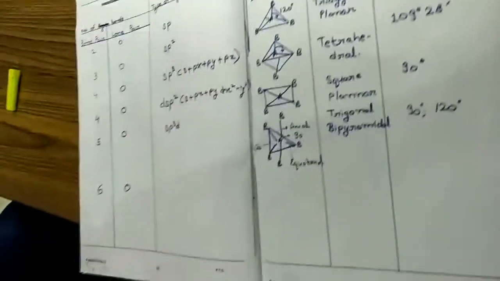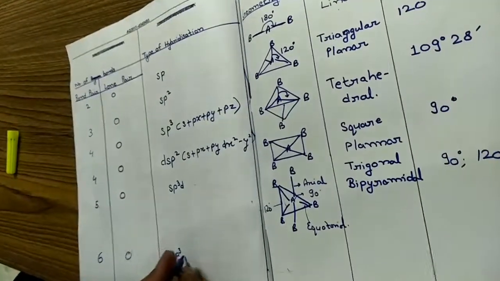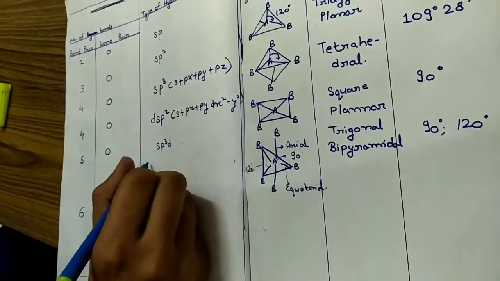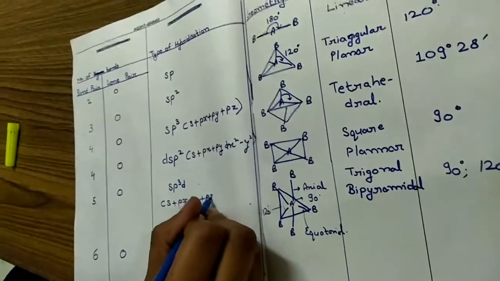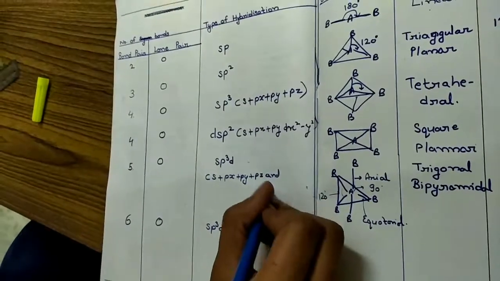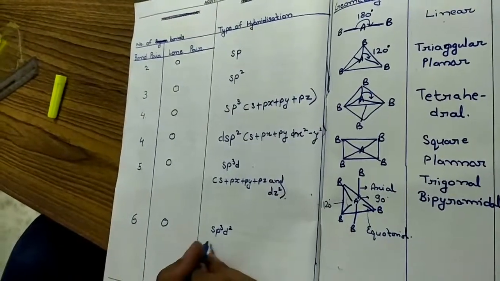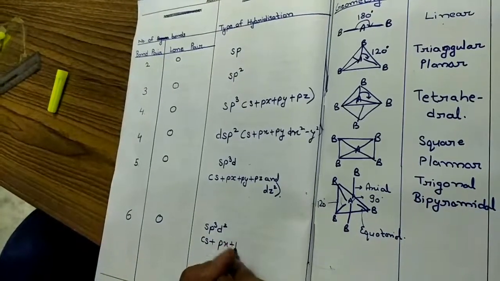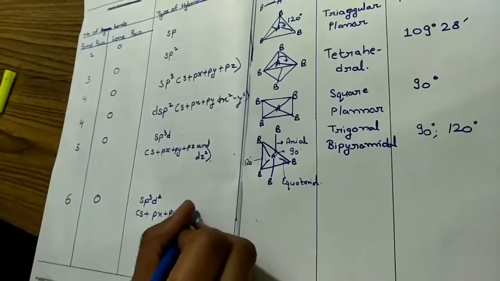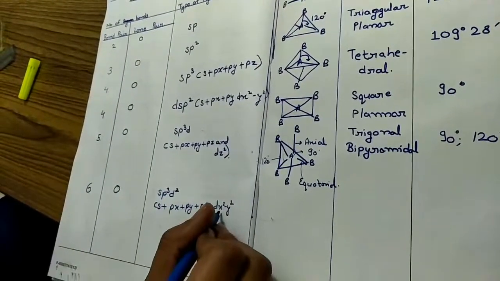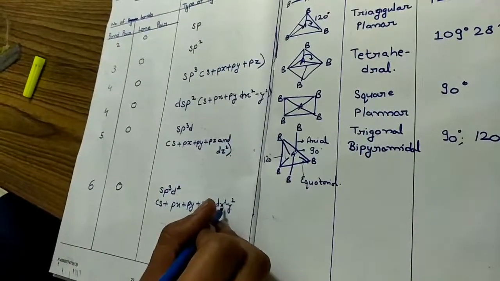Now if we have 6 bond pairs and 0 lone pairs, the hybridization that we will get is sp3d2. In this we have s plus px plus py plus pz plus dx square y square and dz square. I've already told you this is dx square y square and not x square minus y square.